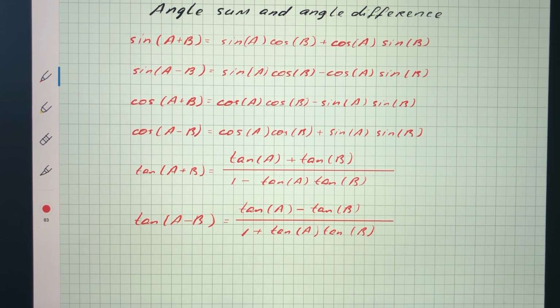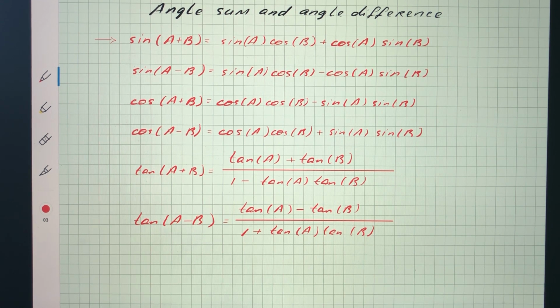For example, we can look at the sine of 75 as the sine of 30 and 45, because those two together would add to 75. And now we can compute the sine of 75 exactly, simply using the angles we already know.